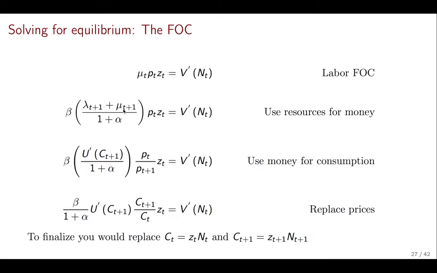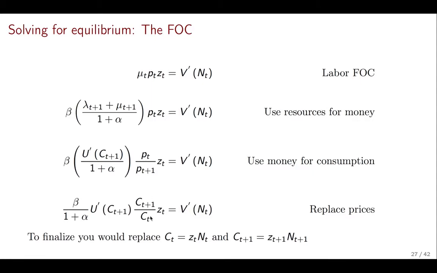Lambda t plus 1 plus mu t plus 1, you replace by u prime of ct plus 1 over pt plus 1. But now you can go one step further because you already had a relationship between pt and consumption. So you can use that to show that this is actually the growth rate of consumption here between pt and pt plus 1.